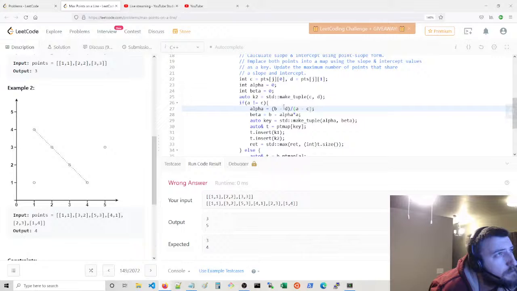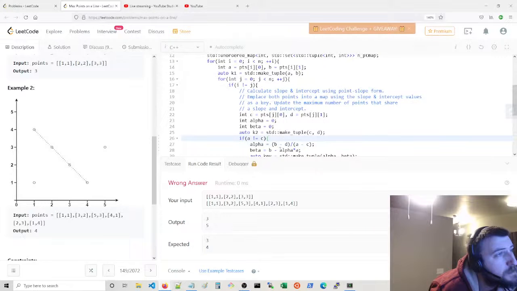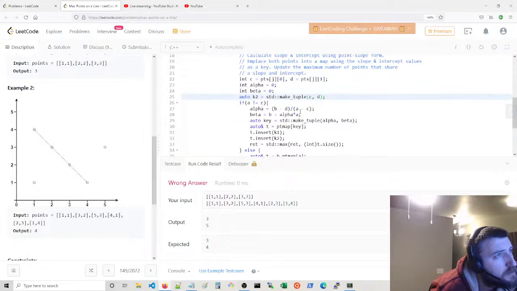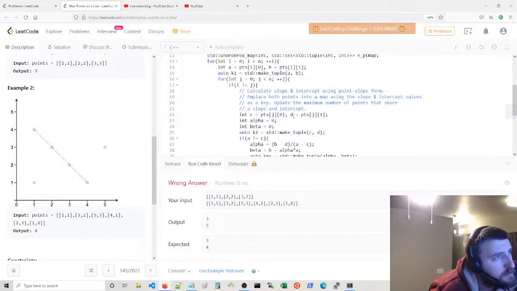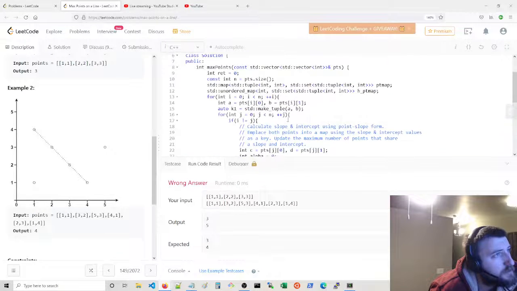B minus D over A minus C, so Y's and X's. K2 is C and D. Yeah, that's what it's supposed to be. I think we're doing this correctly.